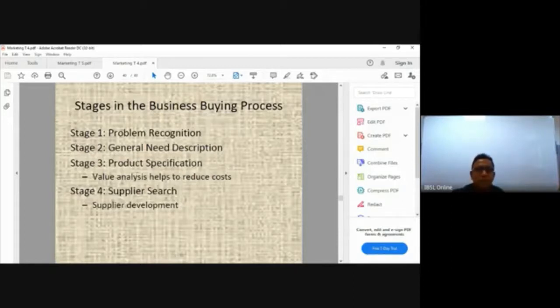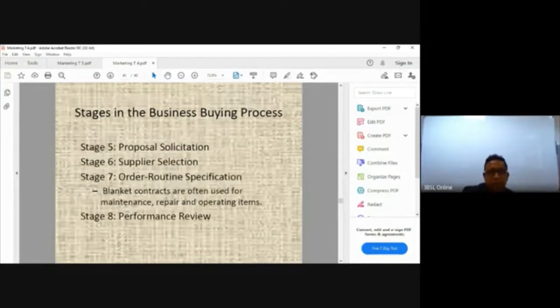Then they will start searching for suppliers. There may be a number of suppliers in the market, and then proposals are sent to the suppliers for proposal solicitation. Based on the suppliers' responses and feedback, supplier selection is done.